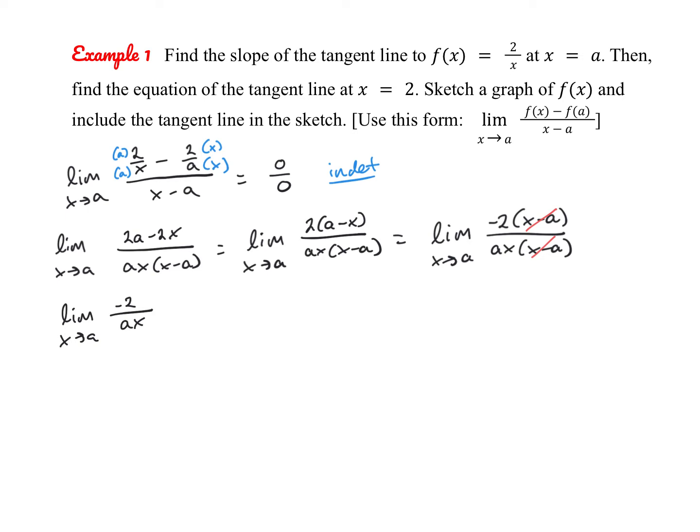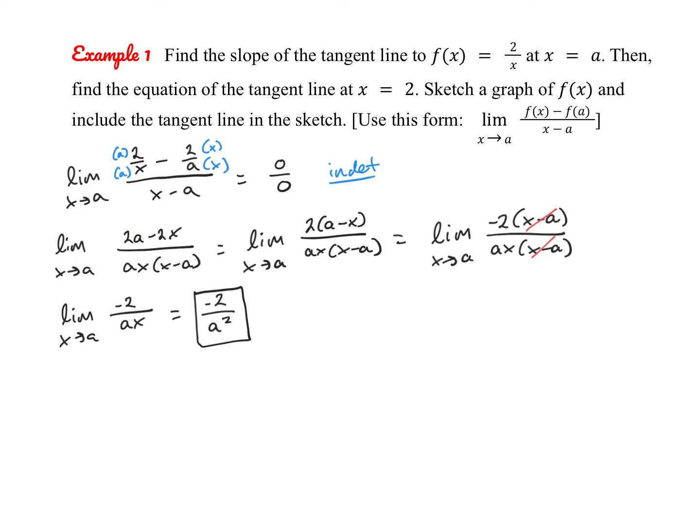And now we can try direct substitution. So if you substitute a for x, we just get -2 over a squared. So this represents the slope of the tangent line at any point, so at x equals a.